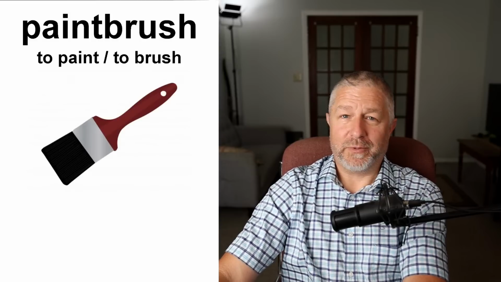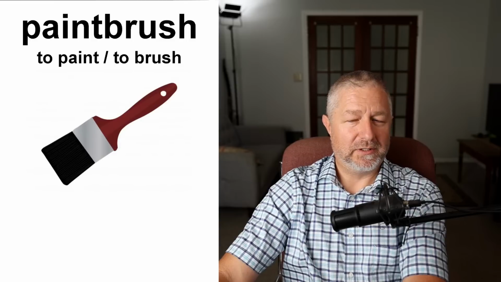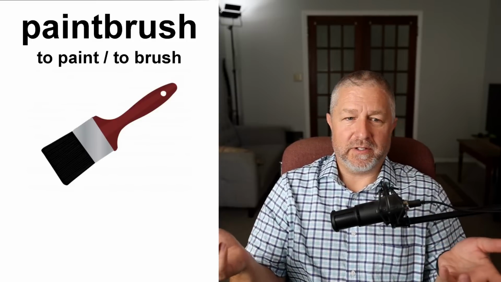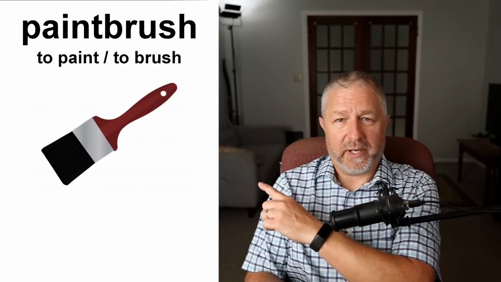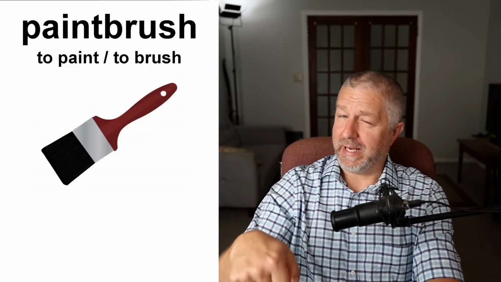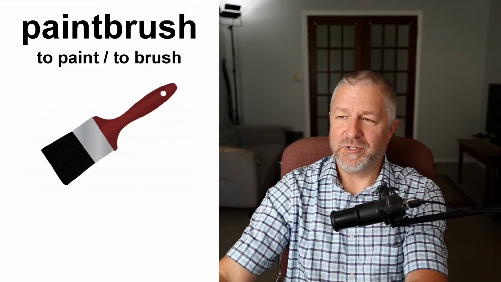A paintbrush and a paint roller. You use a paintbrush to paint or to brush. You use a paint roller to paint or to roll. So if you don't like the color of the walls in your house, you can use a paintbrush to paint the walls. You can use the paintbrush to brush on some paint. Maybe I should add the word on to that verb. Or you might use a paint roller.